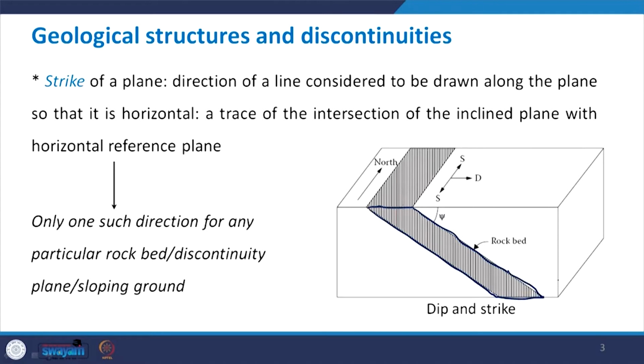Now, this plane is there and then you have this as a horizontal plane. Wherever these two planes intersect, or this rock bed intersects that horizontal plane, that is called the strike. That means it is the trace of the intersection of the inclined plane, that is this plane, with the horizontal reference plane, that is this.